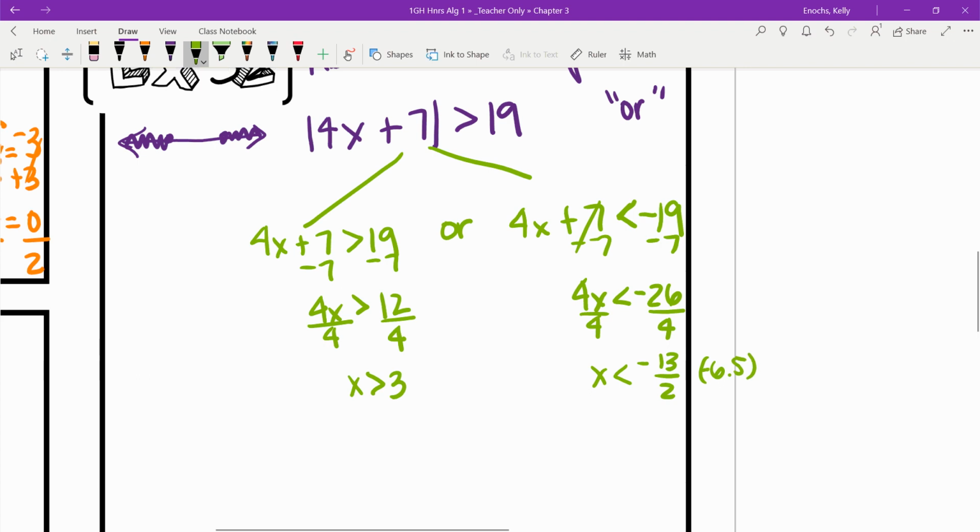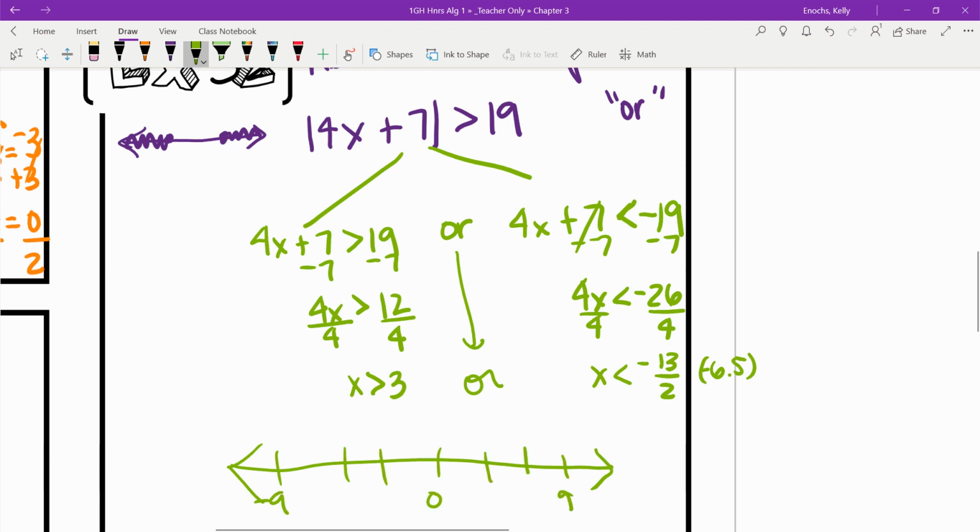Okay. And remember, when we graph this, this is an or inequality. So as I'm looking at my number line, I want to say, okay, from negative 9 to 9, 0, 6, 3, 3, 6. So negative 6.5 is roughly about here. Open dot. Open dot.